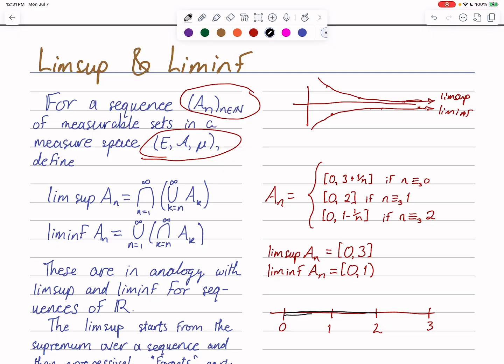And then when n is equal to 3, we're all the way out here. And that's it on the first cycle. Then in the next cycle, we again go 0 to 2, 0 to something slightly under 1, and then 0 to something slightly bigger than 3.